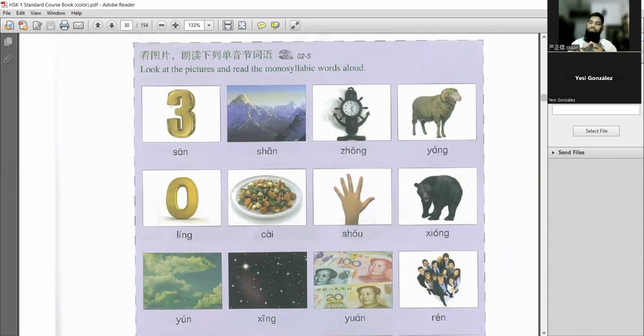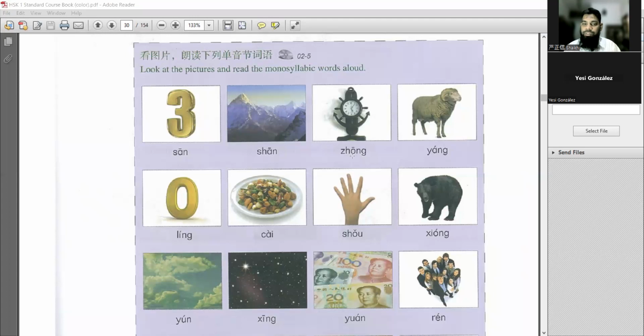Also, we have studied wu, which means five. Also, we have studied qi, qi means seven in Chinese. And we have this shan. Shan means mountain in Chinese.